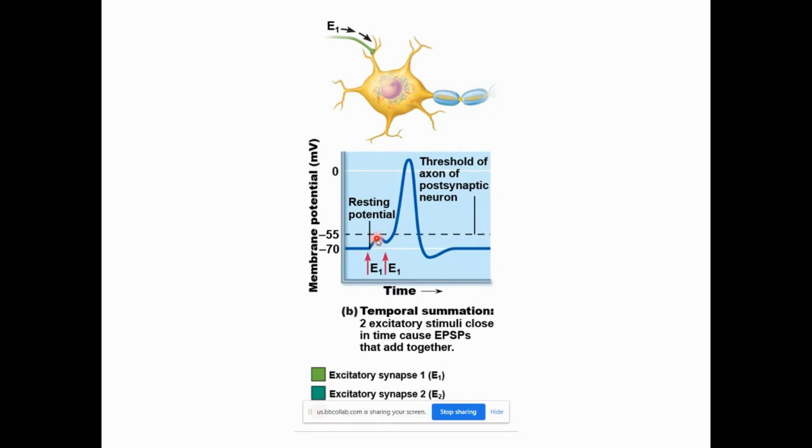Well, one piggybacks on the other. So as soon as you hit that negative 55 there, again, you don't need the numbers, you're going to have that action potential, all or nothing. So we just added two graded potentials together. We summated them, right, summation. But this is temporal summation because two fired off in a small period of time.